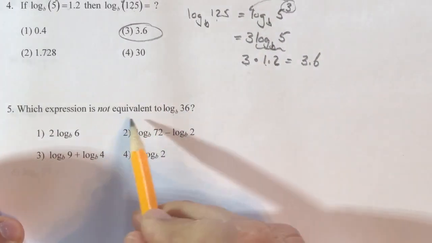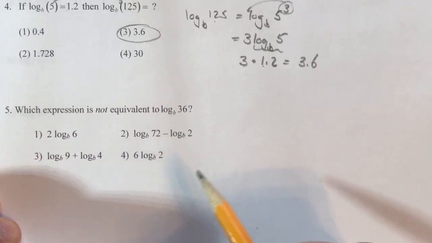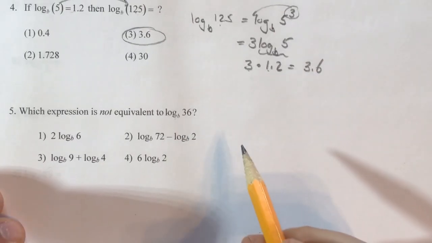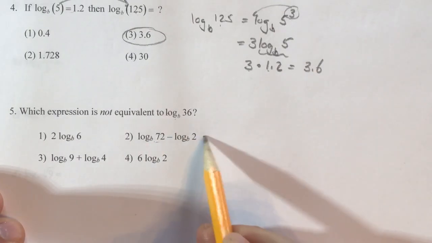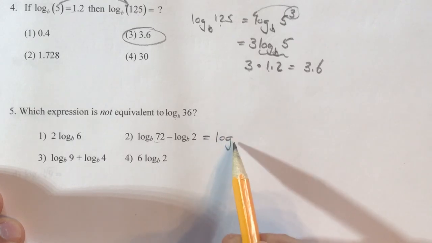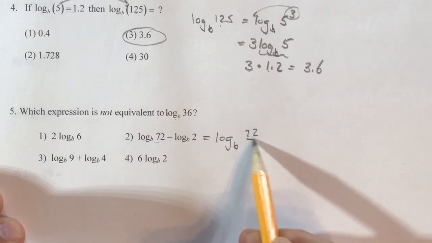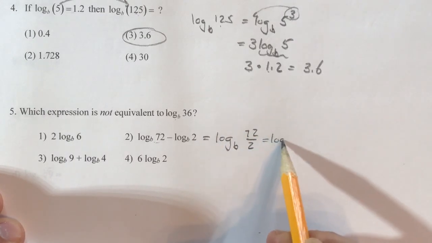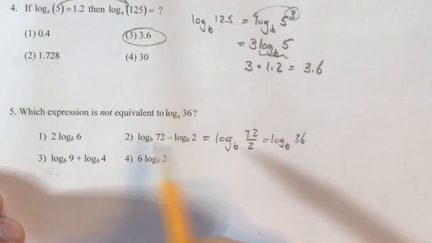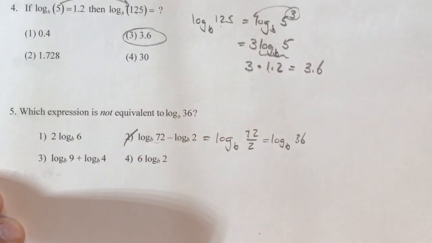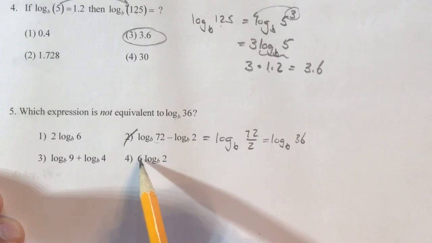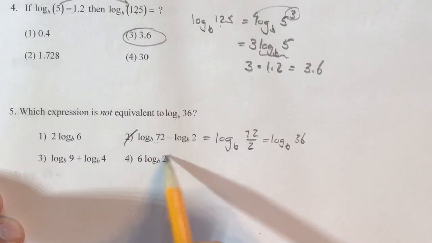Log base b of 36. Which one's not equivalent? All right. This is still the laws of logs. So, for example, subtraction, I could put it together and say this is 72 over 2, which is 36. So that one is equivalent. We could use the third law of logs, put the 6 in here.